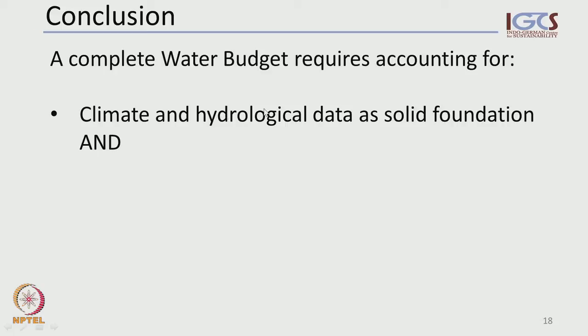Hydrological data may not be available at the scale that we require, at the frequency that we require. The consistency may not be there. We may not be able to have the same consistency across the entire catchment if the catchment is being shared by various countries, for instance. This is the starting point.